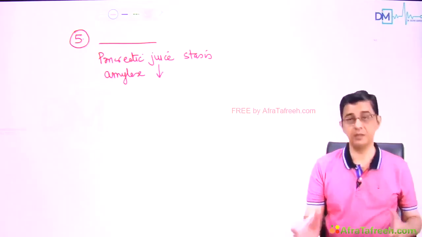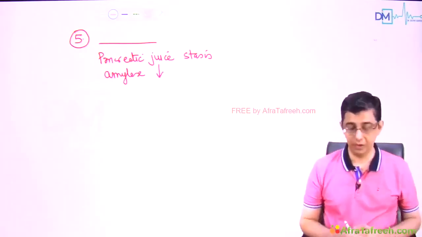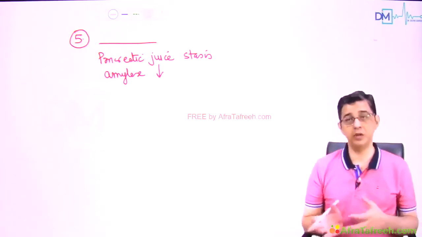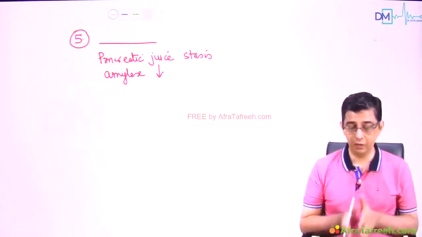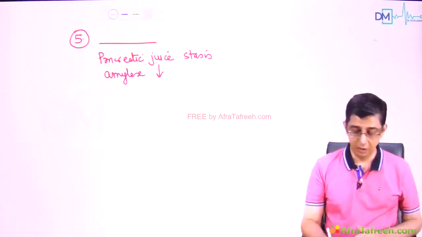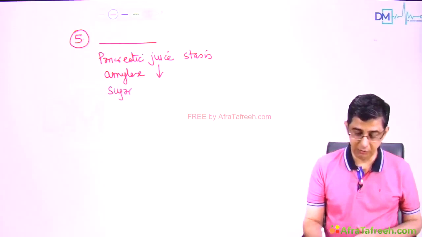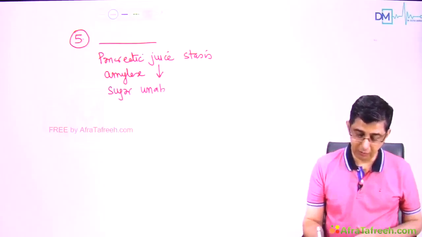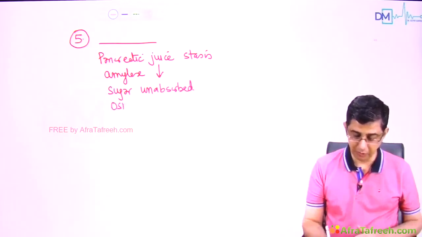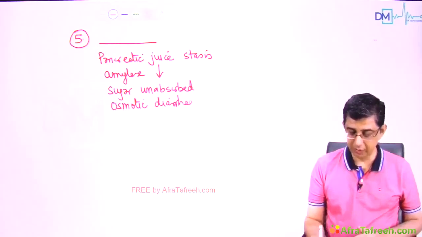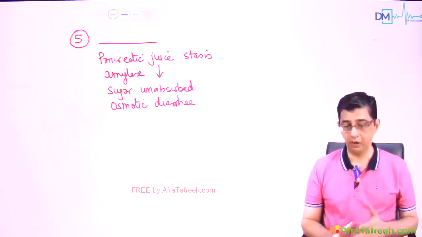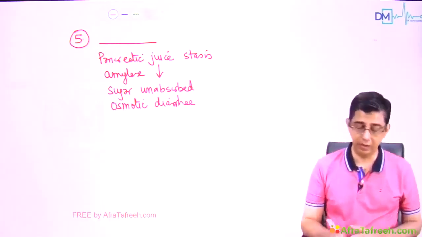You know that amylase comes to absorb the sugar, and in case the pancreatic juice is stuck inside the pancreas, the availability of amylase in the gut is reduced. So therefore the sugar in this condition will remain unabsorbed, and if the sugar in the gut remains unabsorbed, this can draw in water and can contribute to osmotic diarrhea. And due to osmotic diarrhea, the child will start losing water as well as nutrients from the body.